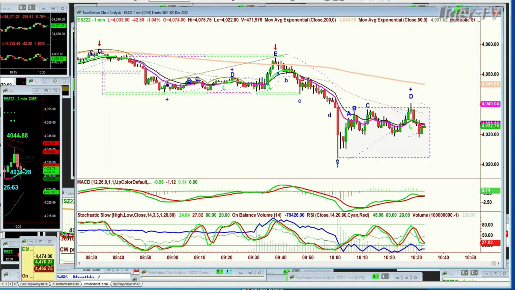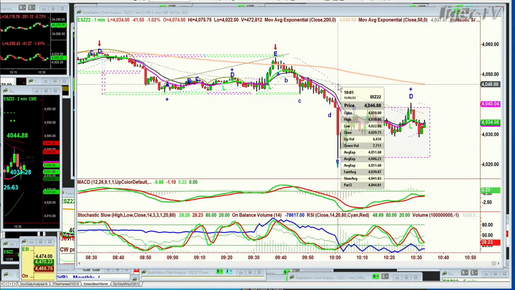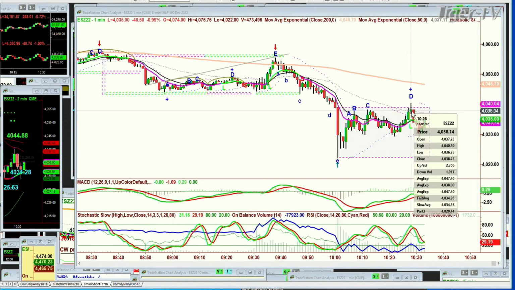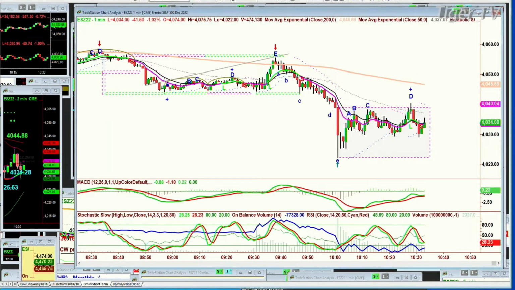So just on the 1 minute chart, that's what we've just seen. It went to peak D, and the high that we were talking about was 4,039. The high at peak D, this doji candle made at 10:28 this morning, was 4,040.50, a tad higher. It pulled back and is now holding the midpoint, and I'll just draw that in right here.